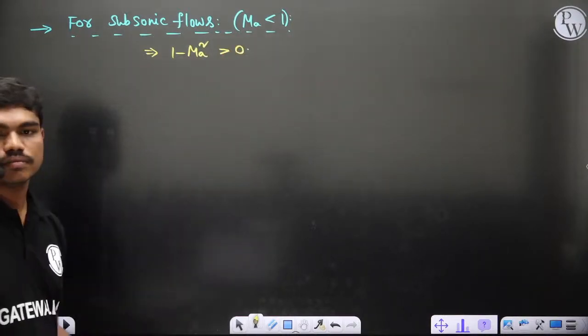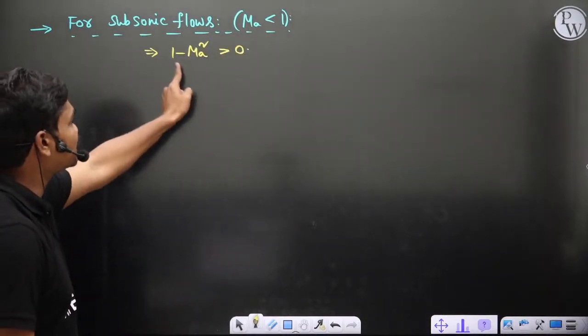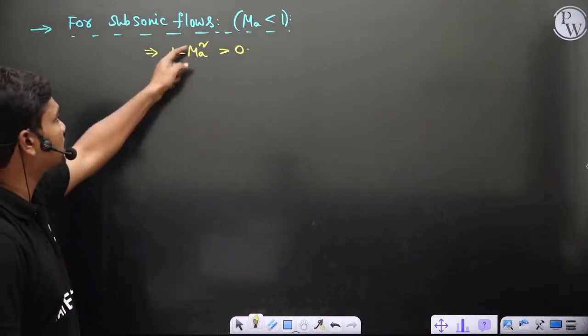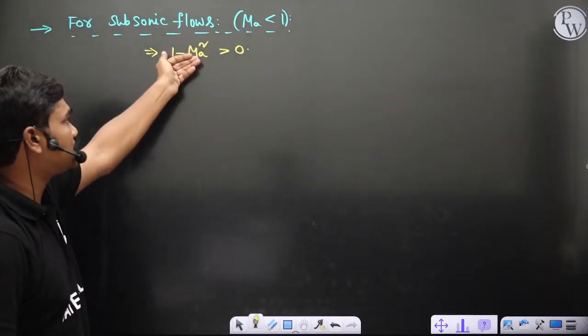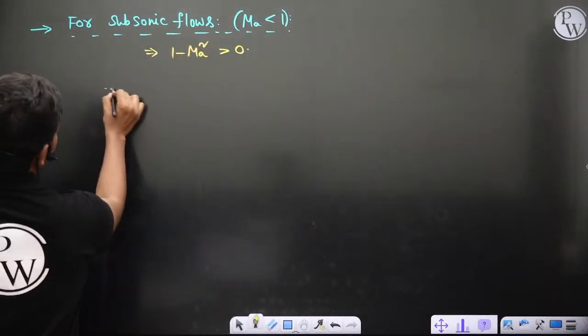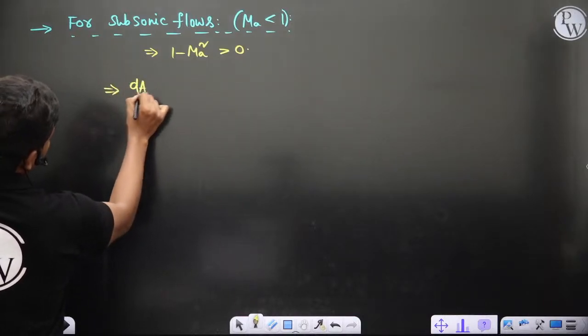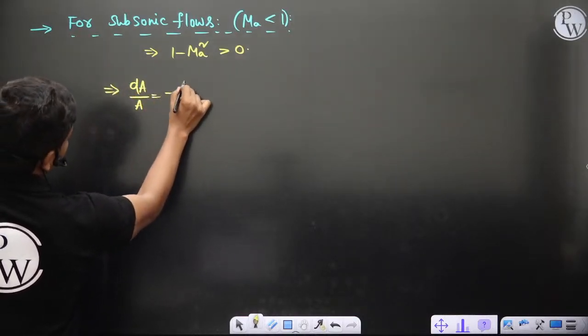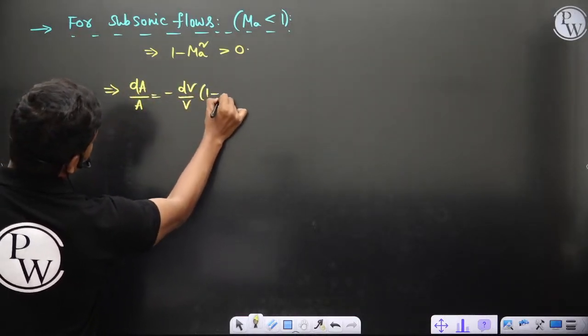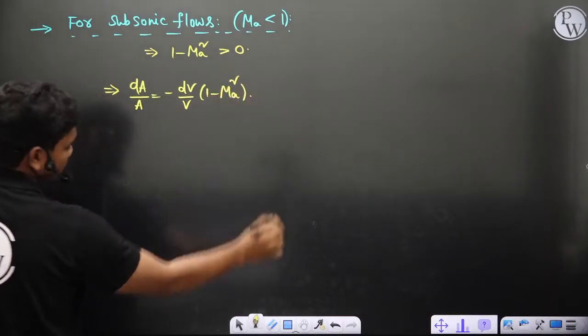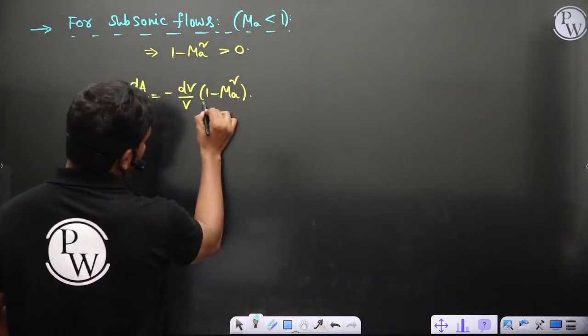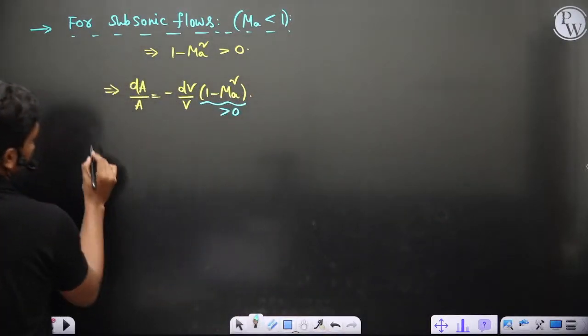Yes or no? If Mach number is less than 1, then this quantity will be definitely greater than 0, because the square of something less than 1 will be less than 1. So this is positive. Since dA by A is equal to minus dV by V into 1 minus Mach square, this term is actually positive.